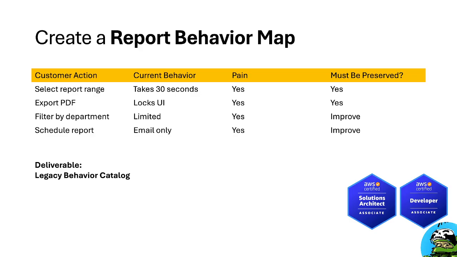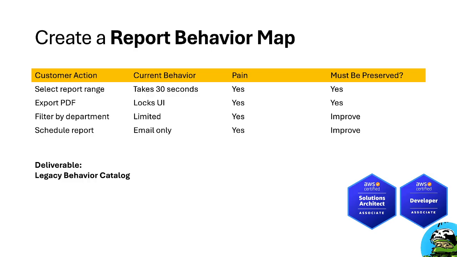Export PDF, logs UI: yes, that is a pain, but it can be preserved. Filter by department: there's a limitation, that is a pain. Can we improve it? Yes, we will improve that. So these are the definitions of the behaviors, and are they causing pain, and do we want to maintain how it is in the new application, or are we planning to improve it?